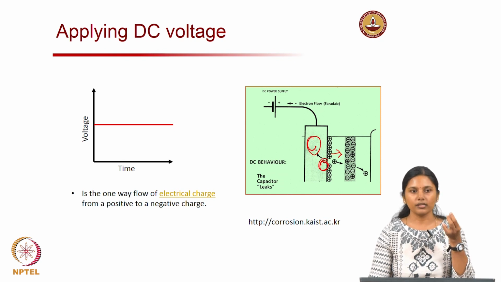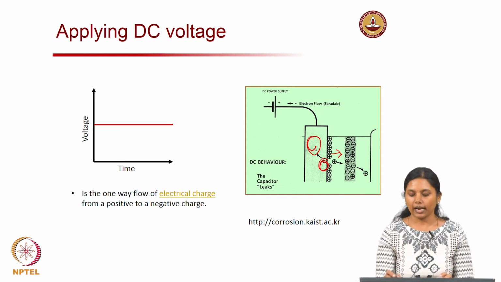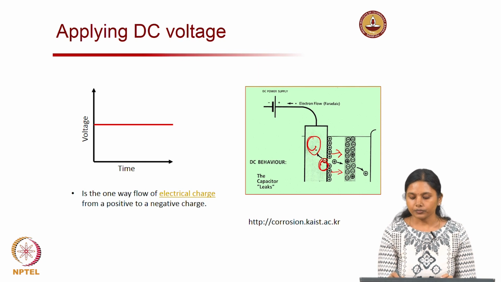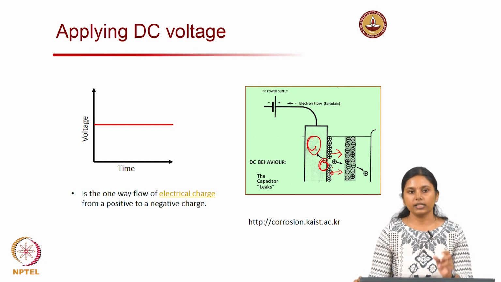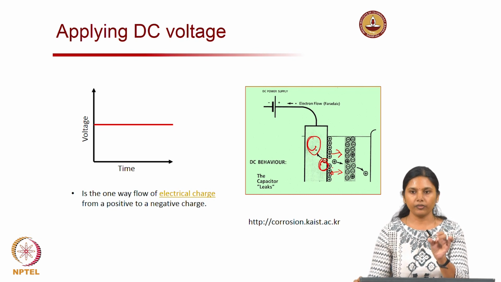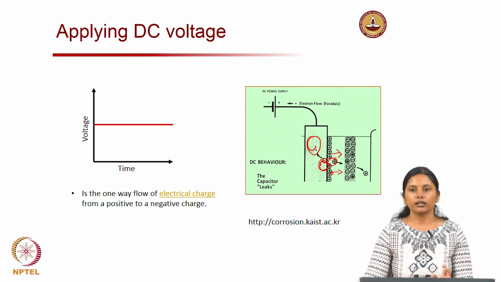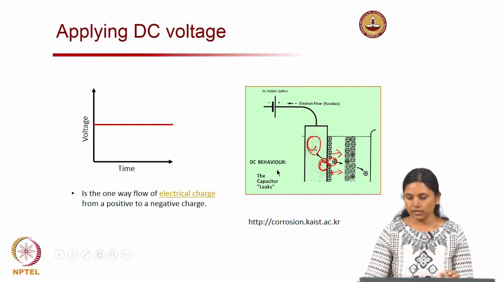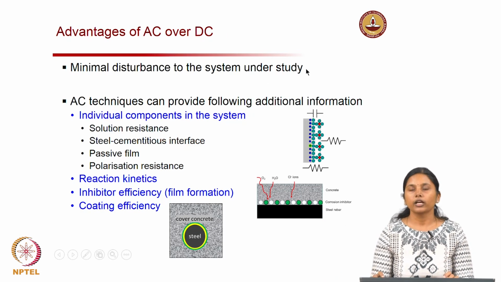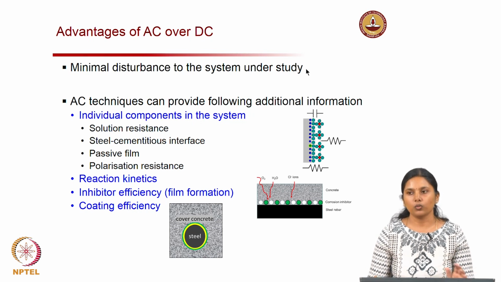So, there is a small disturbance in the system as such, and this layer, that is the distance between the electrode surface and the double layer, is not purely capacitive in nature. There will be a small current flowing, that is what is represented, and this is called capacitance leak.